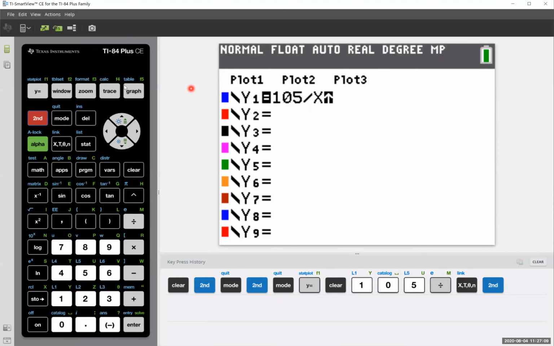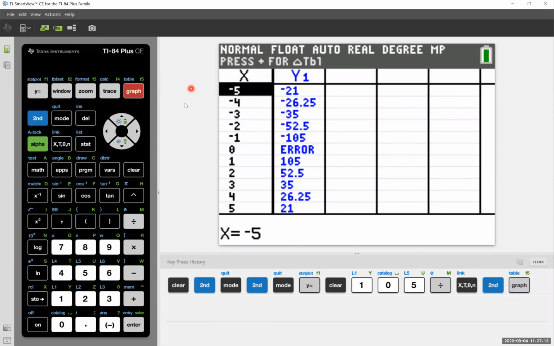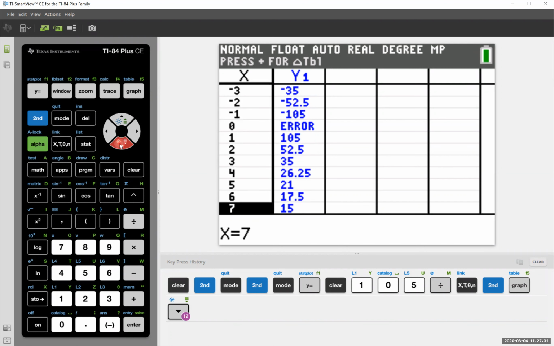Because we have second selected, that's going to select the table option, and we'll see a table of points listed for ourselves. We want to start at the positive 1. Use the directional pad to scroll up and down to get there. With this, you can use it to find all of the factors of 105.